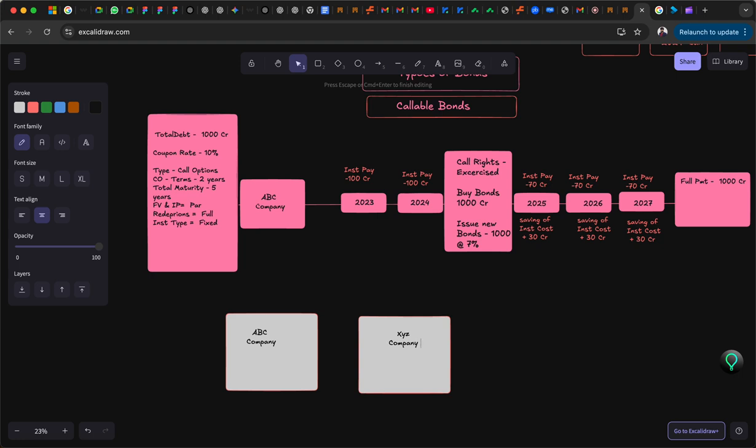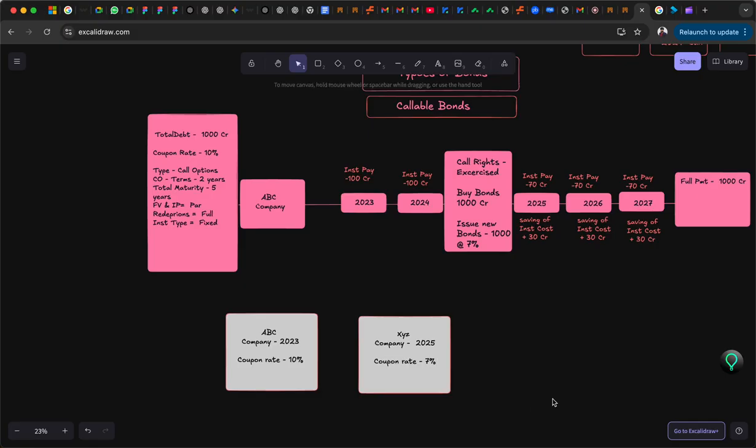So XYZ company issues bonds in 2025, and ABC company issues bonds in 2023, with the coupon rate 10%, and here coupon rate is 7%.